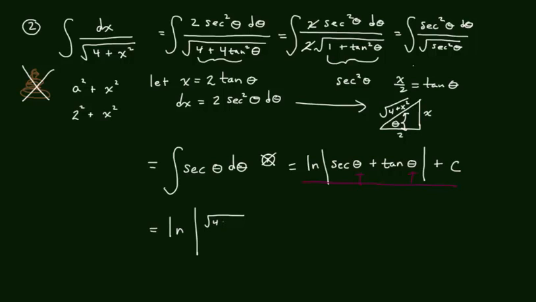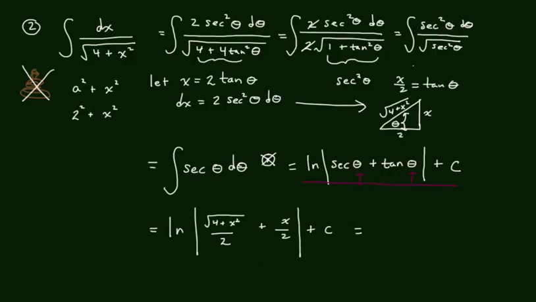4 plus x squared over 2 plus, now the tangent of theta, well, we already said what that's going to be, x over 2 plus c. If this is your final answer, I'm very happy, although it actually could technically be simplified further.